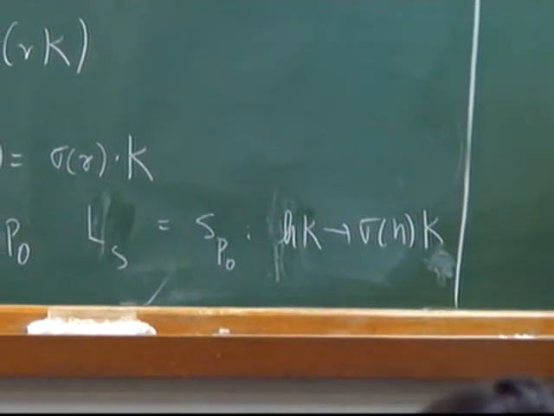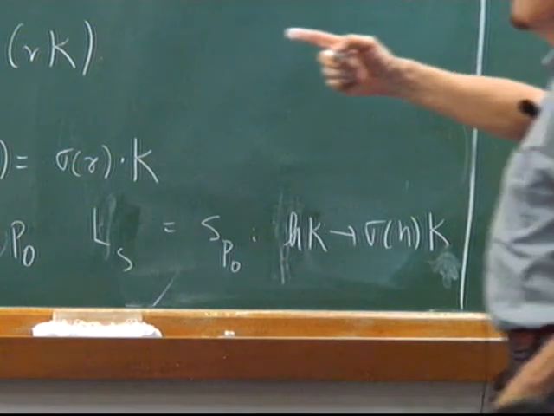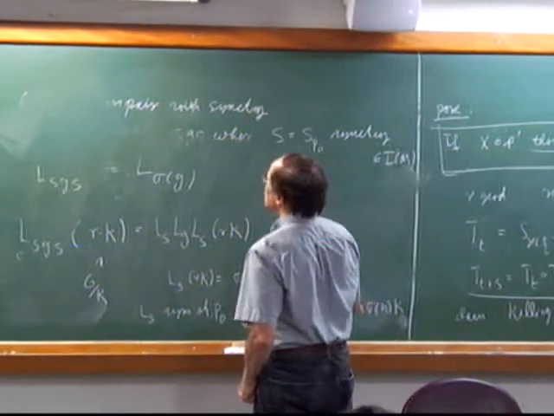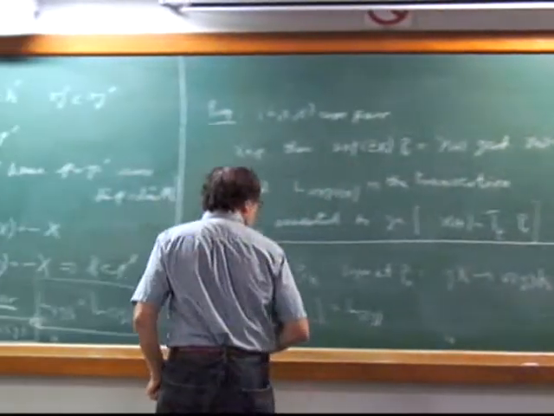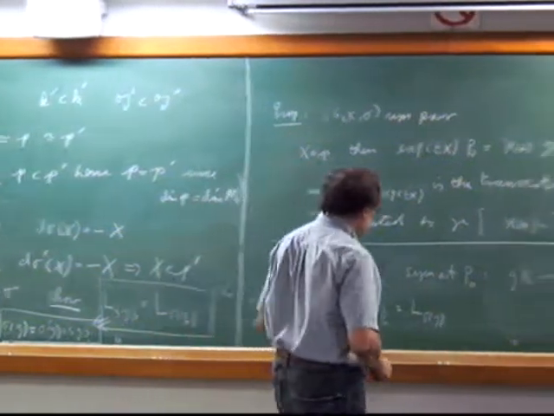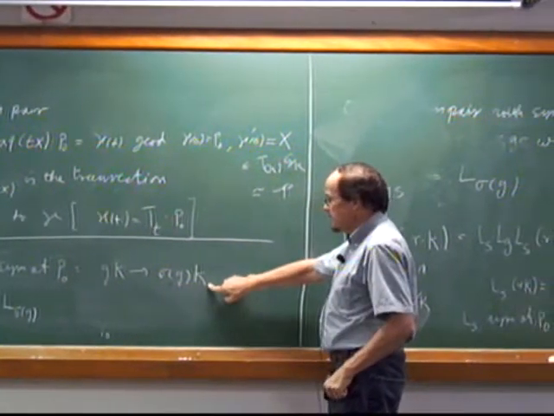Using now the other description, I have two descriptions of the manifold, as G mod K and as G prime mod K prime. On G mod K, what does the symmetry look like? This is a symmetry described on G mod K.